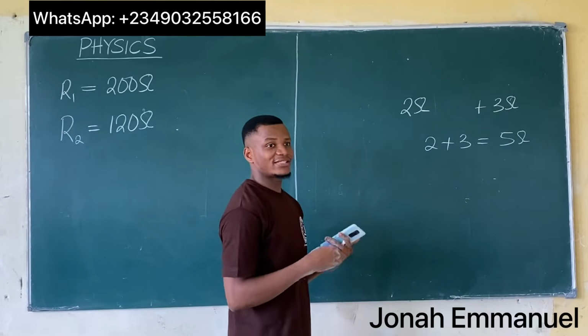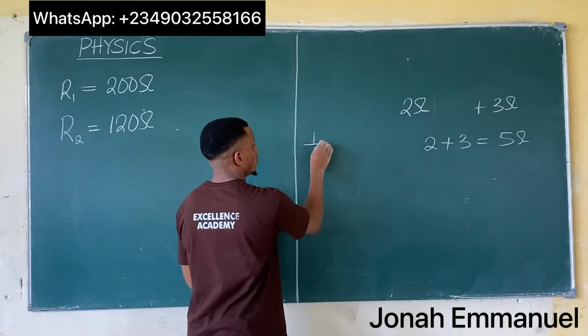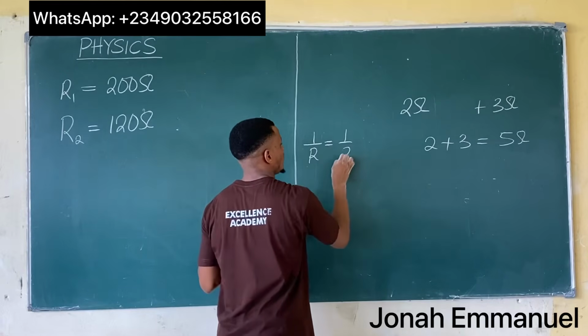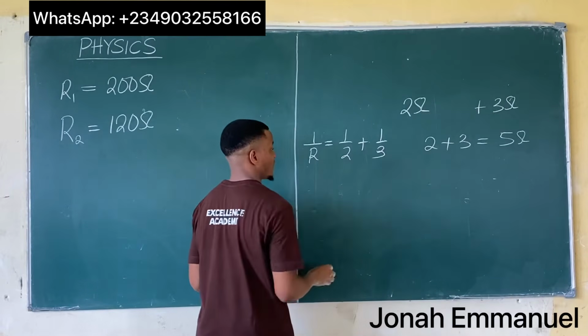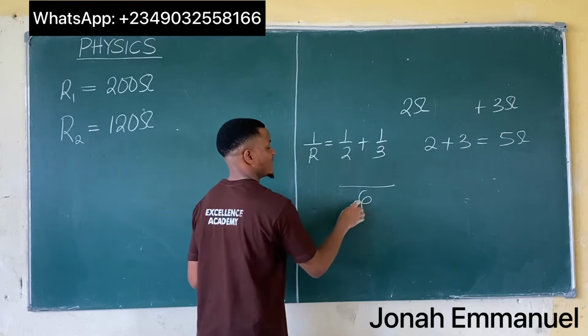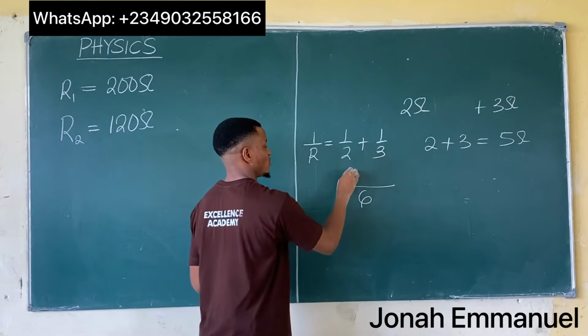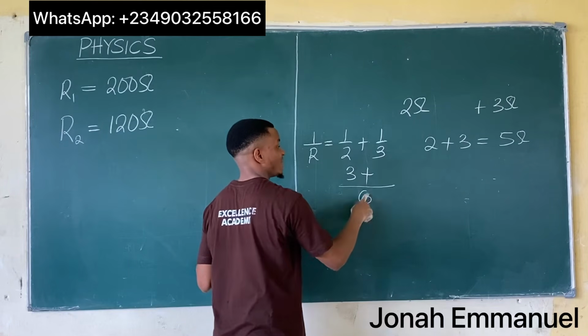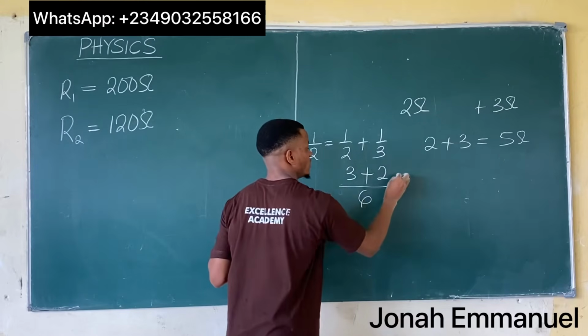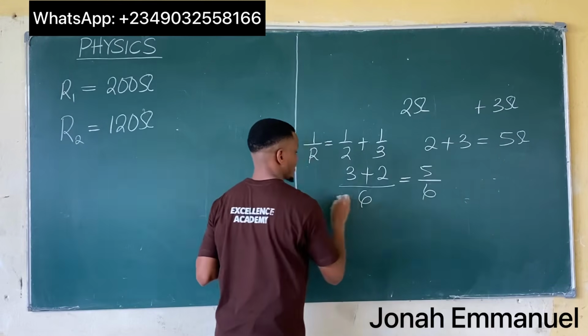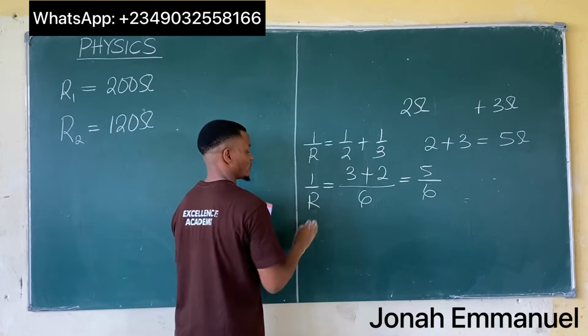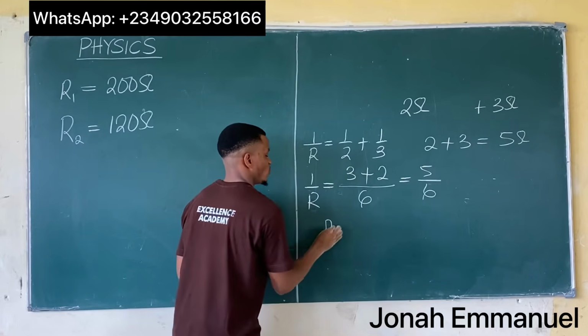But if you connect it in parallel, let's say 1 all over R is equal to 1 over 2 plus 1 over 3. If I take LCM, 6 divided by 2, 3 times 1, 3, plus 6 divided by 3, 2 times 1, 2. That's equal to 5 over 6. This is the value of 1 over R. To get R, we have to invert.